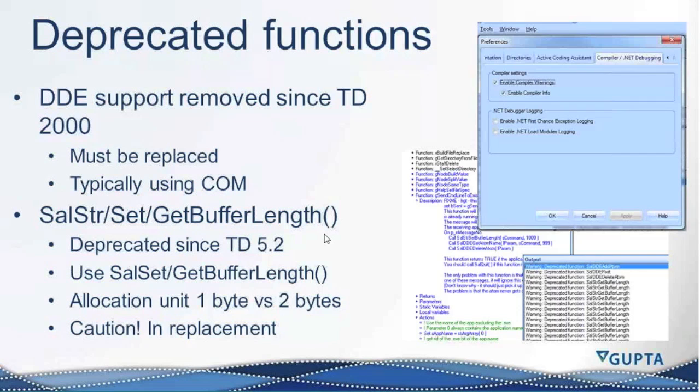But since TD 5.2, this is not a problem anymore, as TD internally takes care of Unicode. You can replace these functions with SalSetBufferLength and SalGetBufferLength, and your code in theory shouldn't have any problem, but you might want to do testing on those functions to make sure it's working.